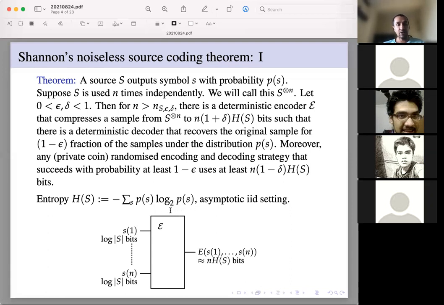I'll always take log to base 2 in information. Audience: I have a question, sorry. Are there public coin protocols known where the compression is more? No, at least not that I'm aware of.